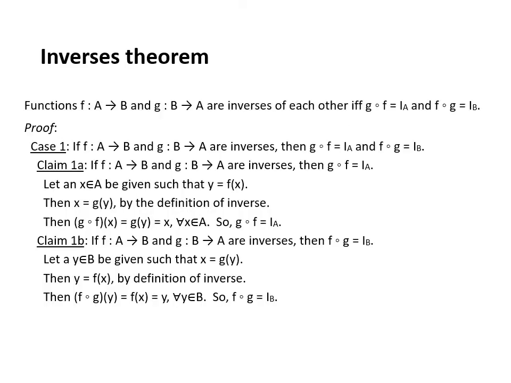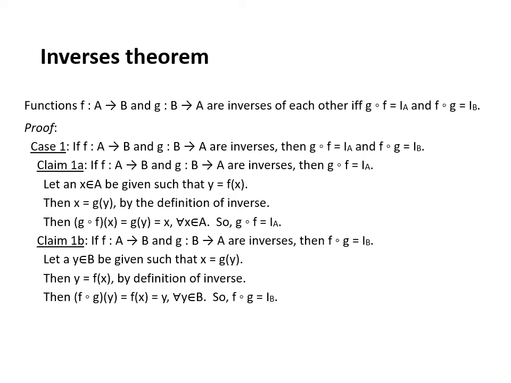So we can actually prove this, and here I sketch out the proof. So there will be two cases because we have if and only if, so we have to prove both directions. And you can study this proof at home.